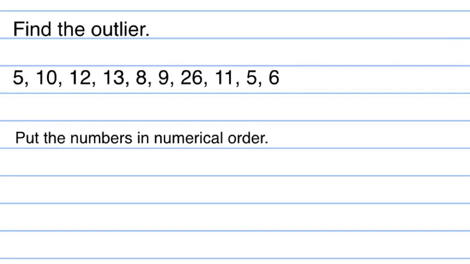Okay, so when we're working with data items, a lot of times it's much easier for us to see some of the things that are going on with the data set if we put that data set in numerical order. And we're going to go ahead and put this data set in numerical order from least to greatest. And I'm going to start doing that. I'm going to mark them off as I do them.